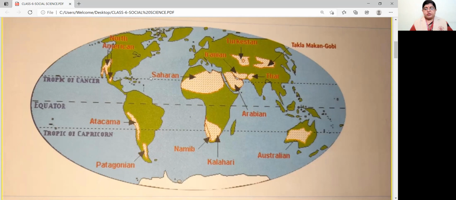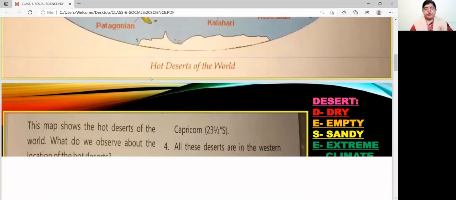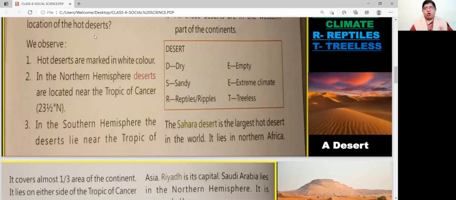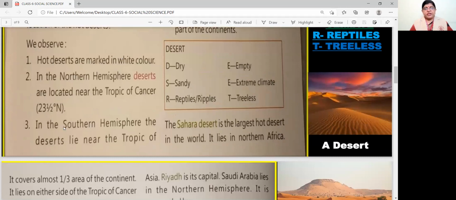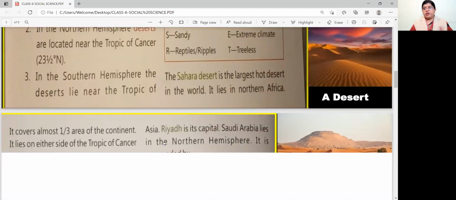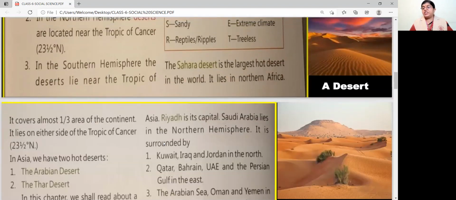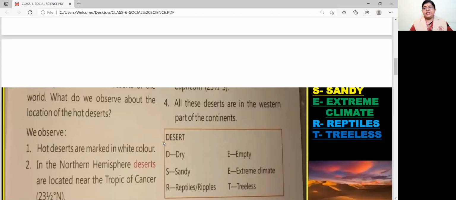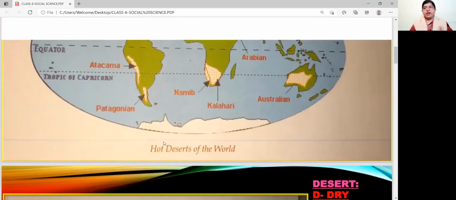Now, hot deserts were marked in white color. Tropic of Cancer, Tropic of Capricorn. The largest hot desert in the world is the Sahara Desert, and it lies in northern Africa.